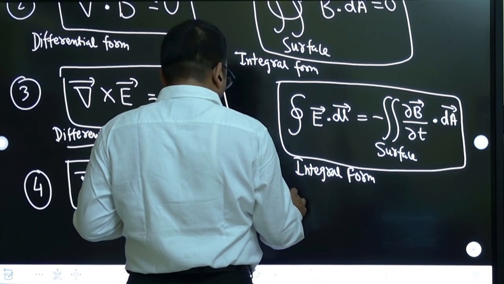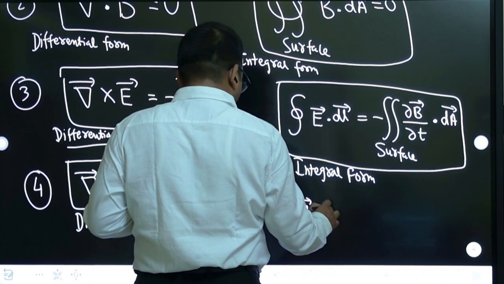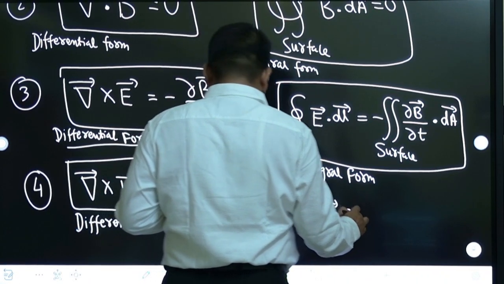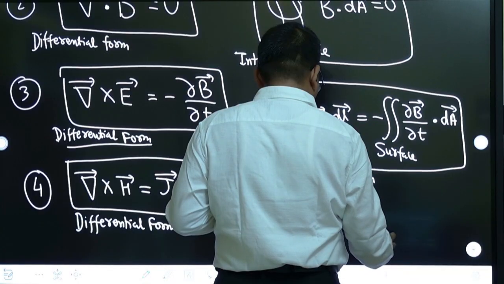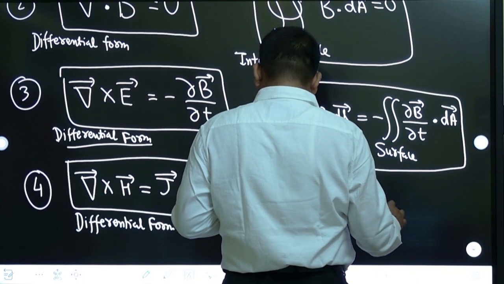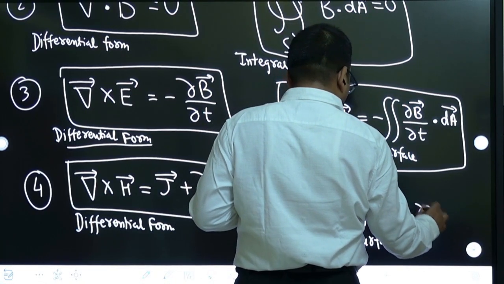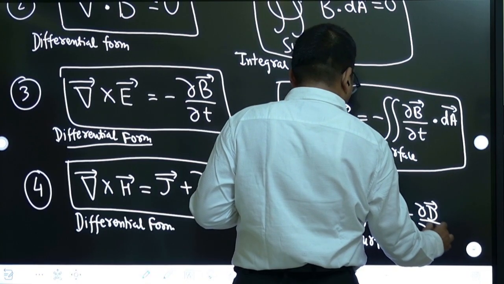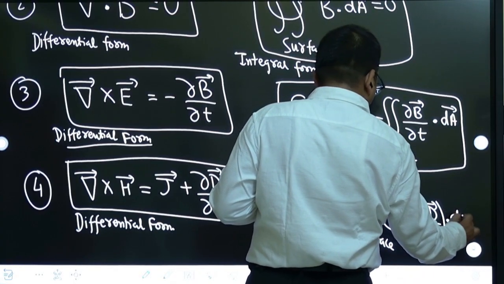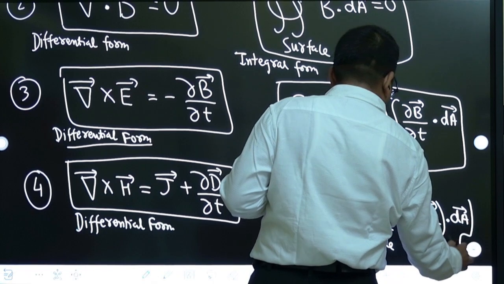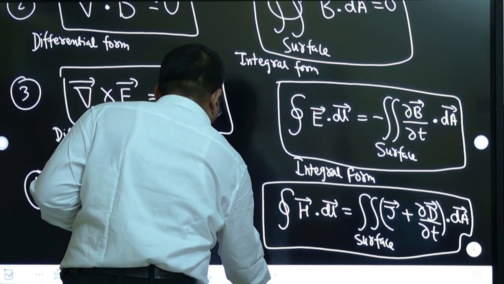And integral form is H vector dot dl is equal to double integral over surface of J vector plus dou D vector by dou t, dot dA vector. This equation is integral form.